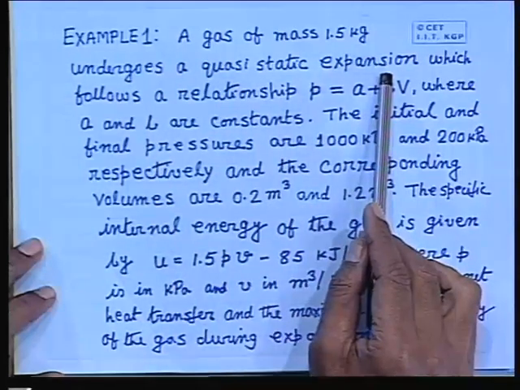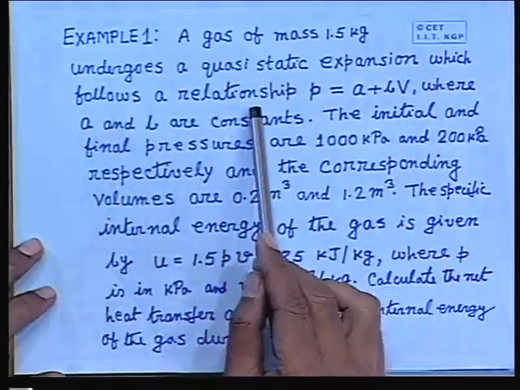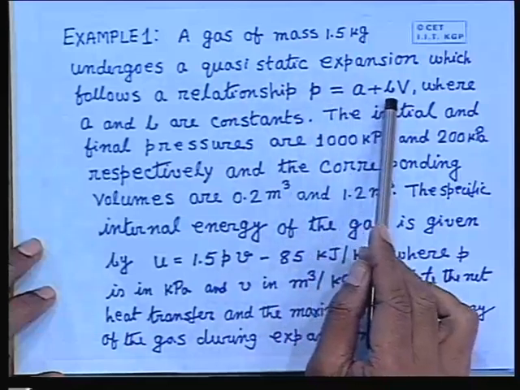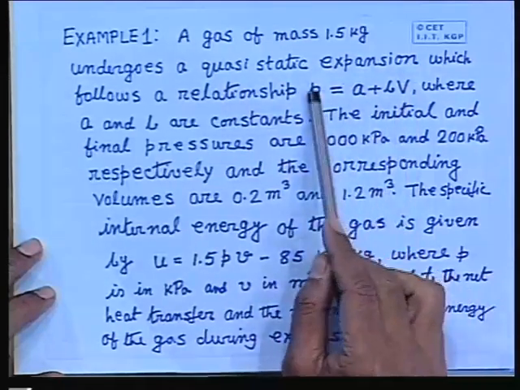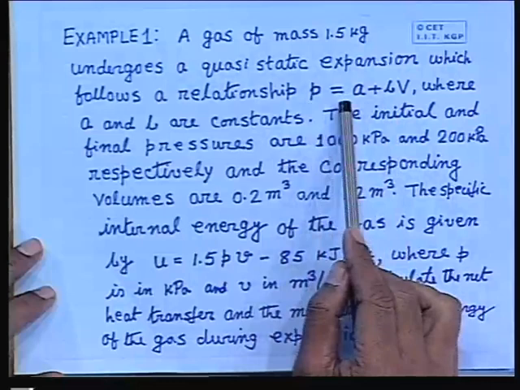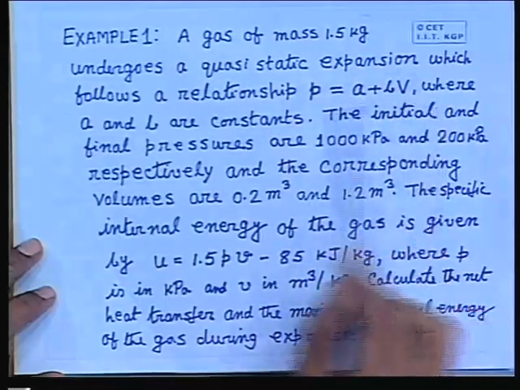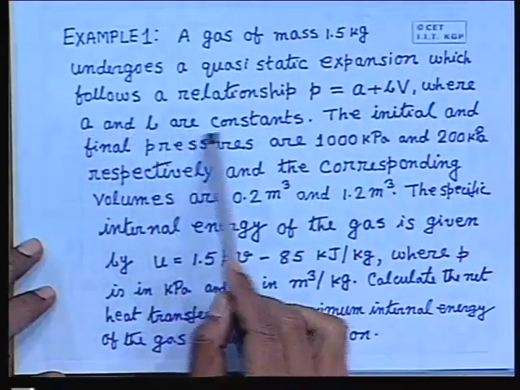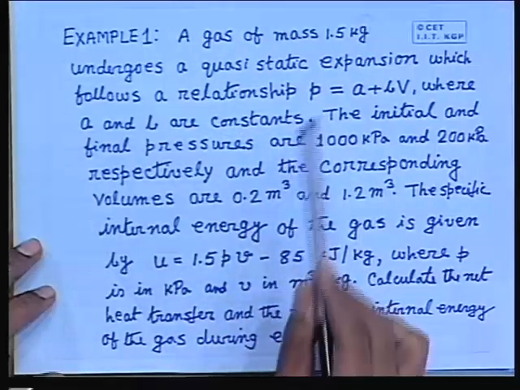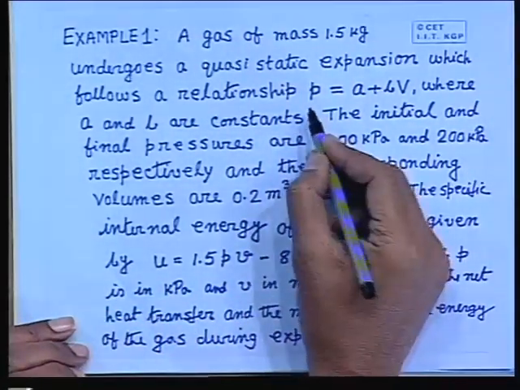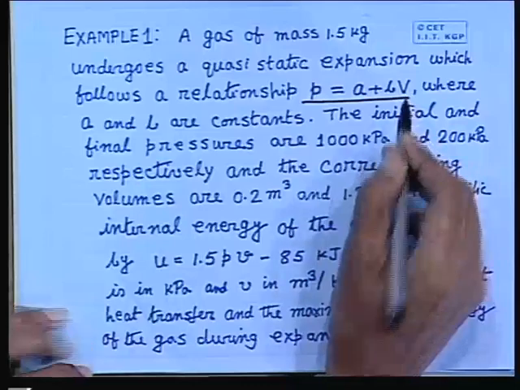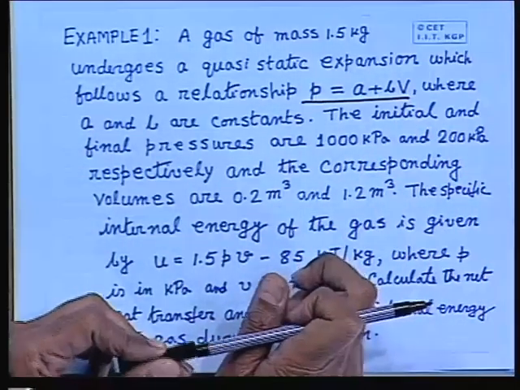Already you know, that is PdV work, which follows a relationship P is equal to A plus BV. That is the relationship between P and V, where A and B are constants. So, this is the process law, displacement work, where the pressure and volume change.